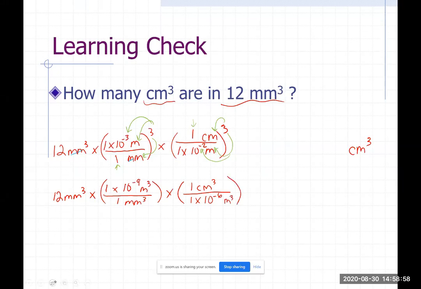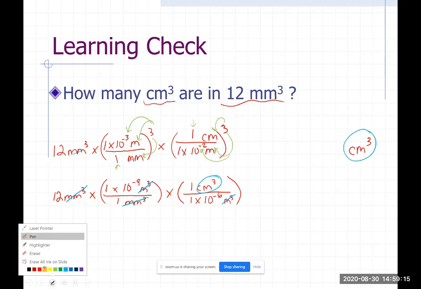And now we can look at things to make sure that everything we don't want cross cancels, leaving us what we do want. Millimeters cubed cross cancels, meters cubed cross cancels. We're left with centimeters cubed. That's what we're after. So now all we have to do is the math. In your calculator, that's going to be 12 times.